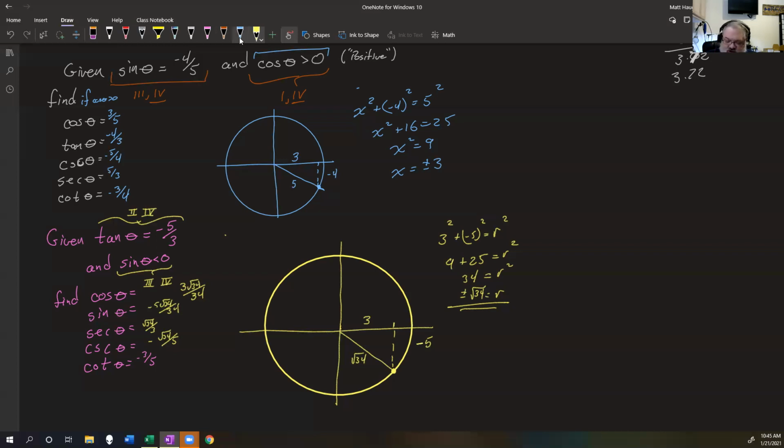Okay, before I let you go, speaking of plus or minuses and square roots, in a couple of days or early next week, we're going to start talking about inverse functions. There's an issue that's going to come up with inverse functions that I want to make sure we're prepared for. One of the nice ways to prepare for that is to talk a little bit about square roots.